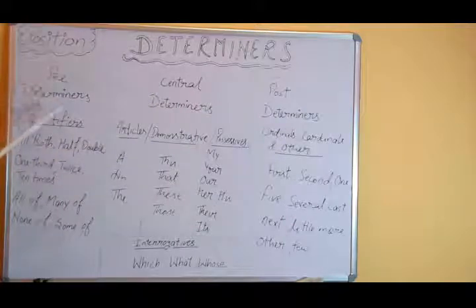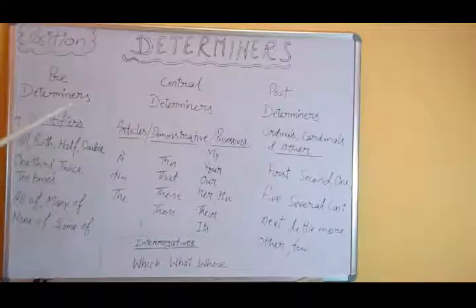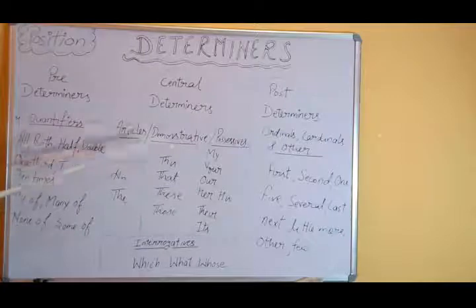Let us look at the list of predeterminers, central determiners and post determiners. One more thing I want to clear. There are more than 50 determiners in the English language. So to provide an exhaustive, complete list of all the determiners here is very difficult.